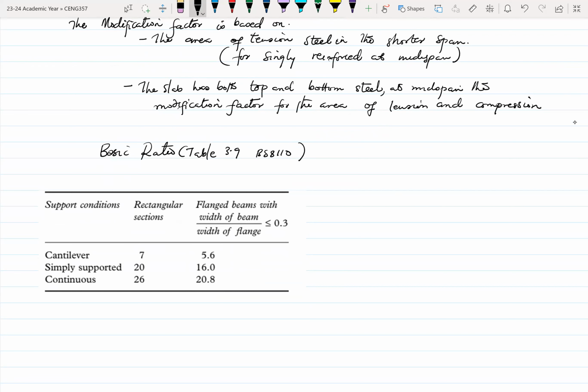Right. So this table here is a basic ratio table. In this one, it's table 3.9 of BS 8110. So this is the basic span to effective depth ratio for rectangular and flanged beams. Right, so it can be used for both beams and slabs.